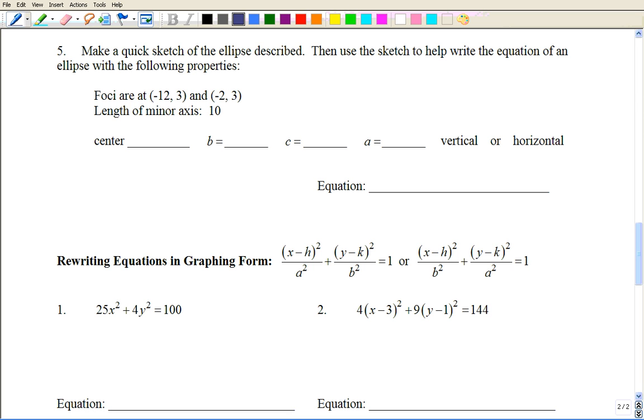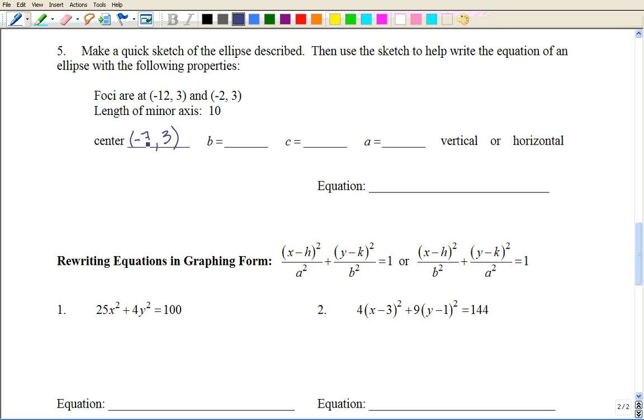So -12 plus -2 is -14, divided by 2 is -7. So the x value of the center is -7, and it will have the same y value of 3. You can add 3 plus 3 divided by 2 and you'll still get 3. The second piece of information we can get from this is that the distance from the center to one of the foci will be equal to c.